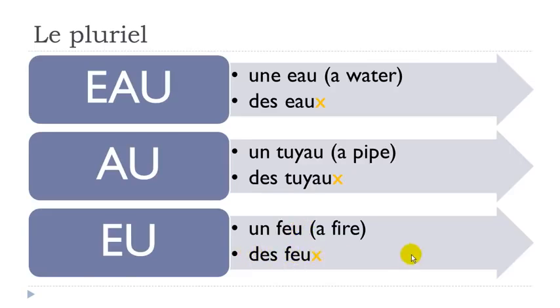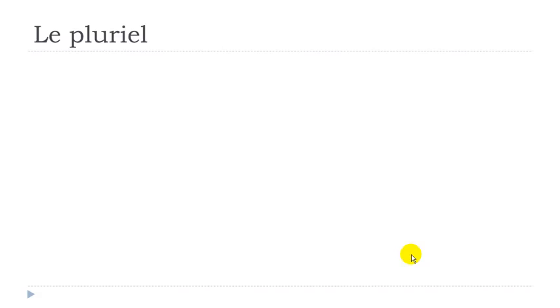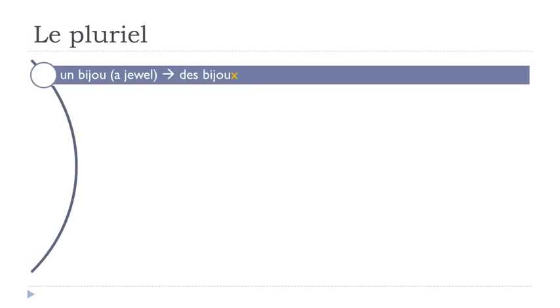Okay, there is another group of words. Normally the words ending with ou, where the sound is ou, just behave like the others, so you just need to put s at the end. But of course, as usual in French, we've got a few exceptions.